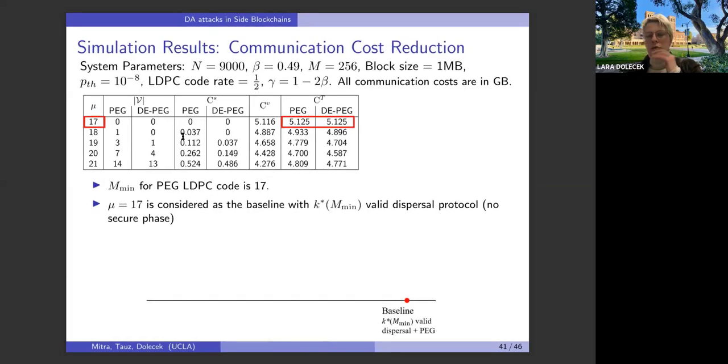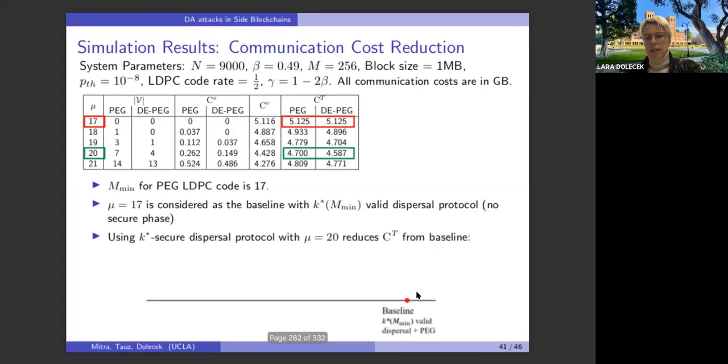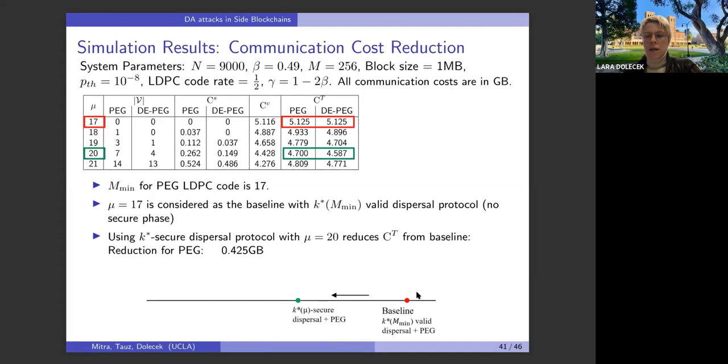So just in terms of plotting the communication cost, the goal is to reduce that communication cost. That top line in red, I'm going to mark here as a red dot. And then if we do our secure dispersal with the cutoff being set at stopping set size of 20, we reduce that even further. So the reduction is right to left in terms of the overall cost.